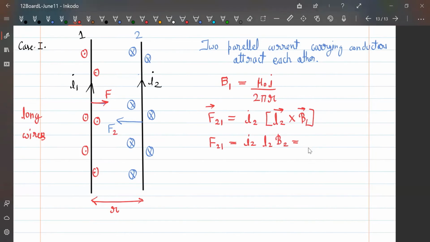Here the current is I1. So I2 L2 into B1, and I can put the value of B1 from here.